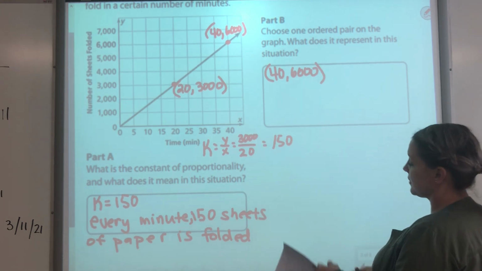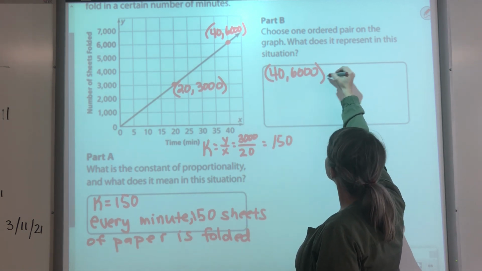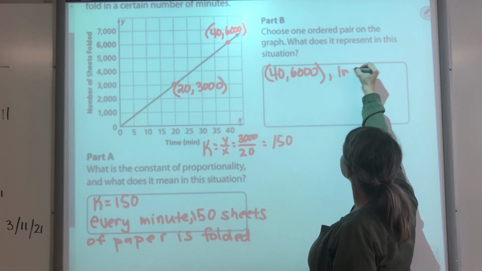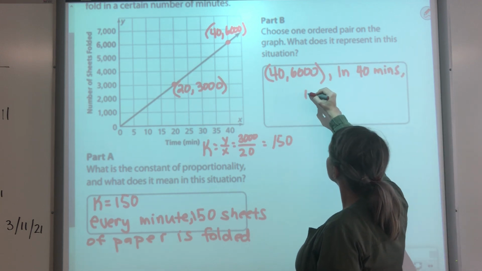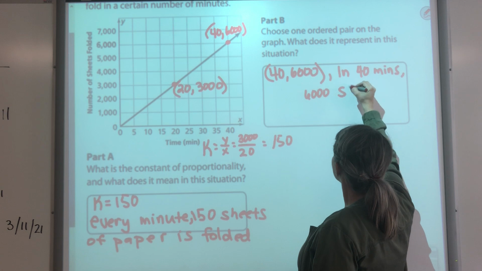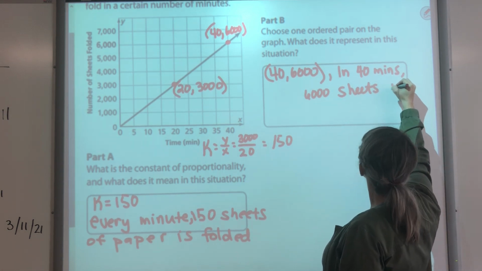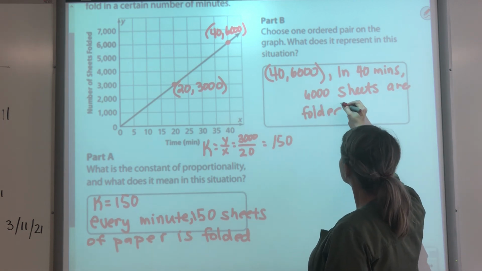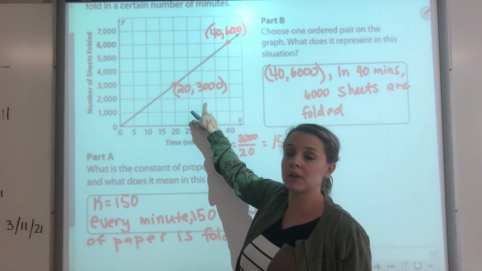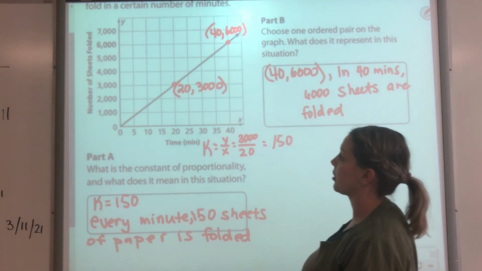We can use any of those values. So if I use 6,000, that means that in 40 minutes, 6,000 sheets are folded. If I used 20, 3,000, that would mean that every 20 minutes, 3,000 sheets of paper are folded.